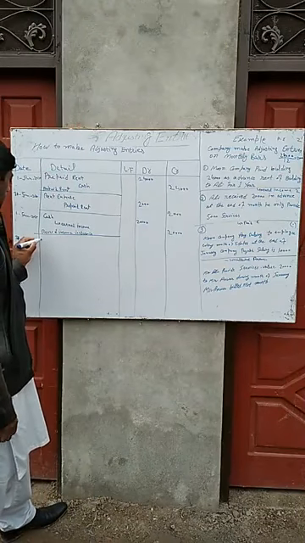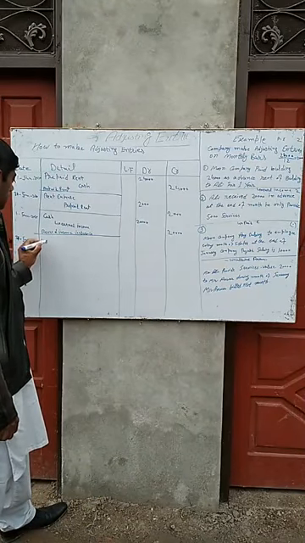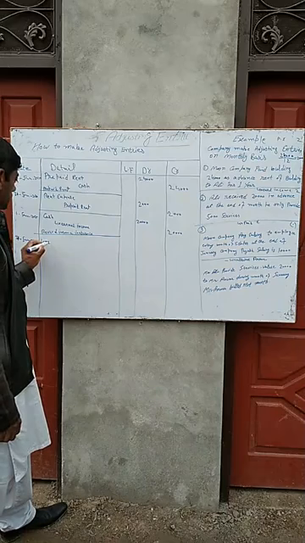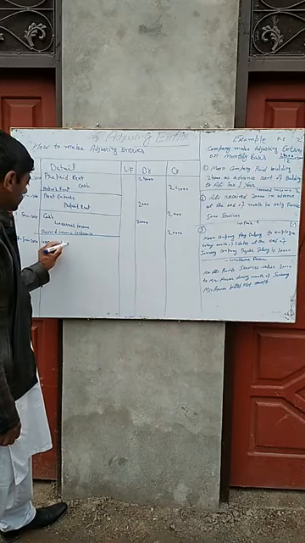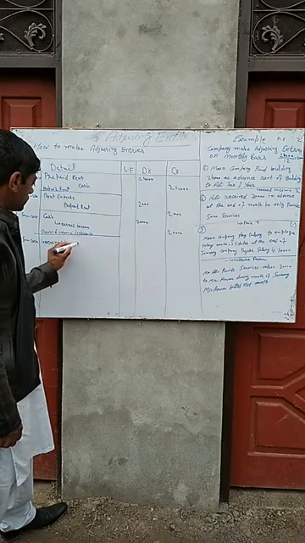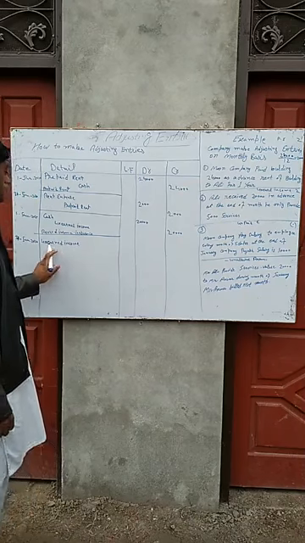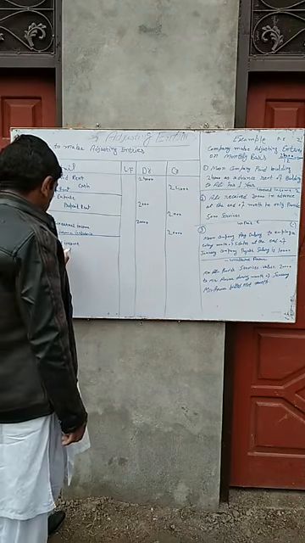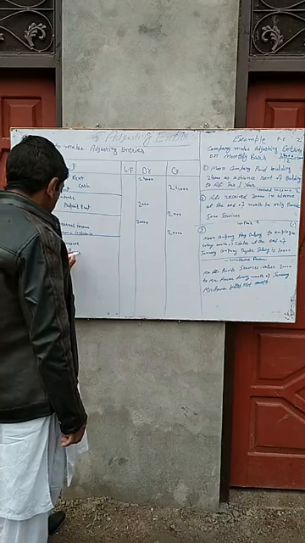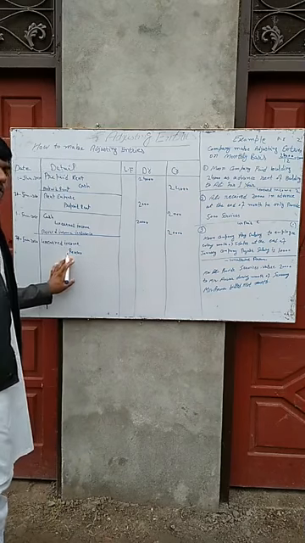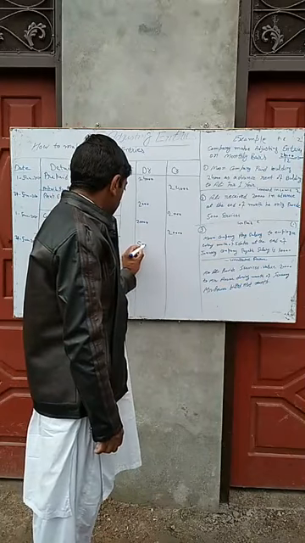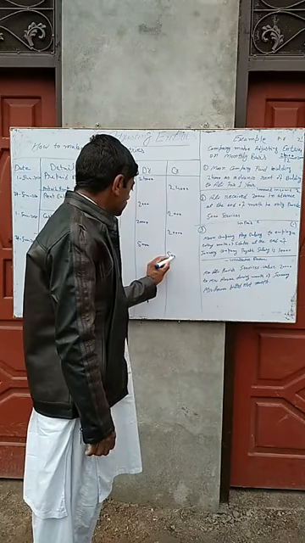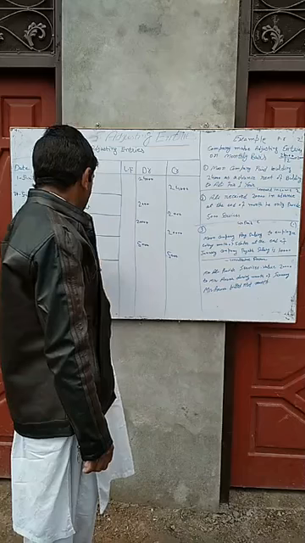So unearned income is debited because his liability is reduced, and revenue is credited. Now converted into income, so now it is 5,000.